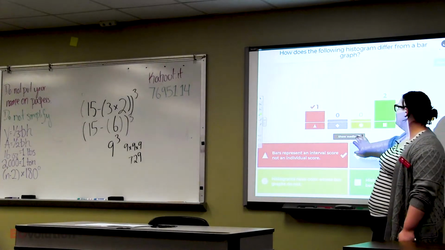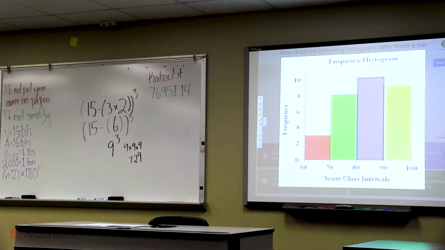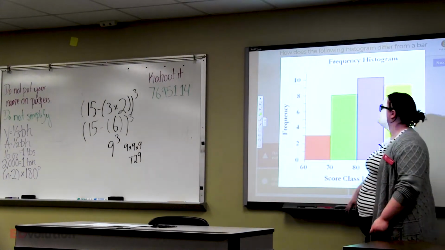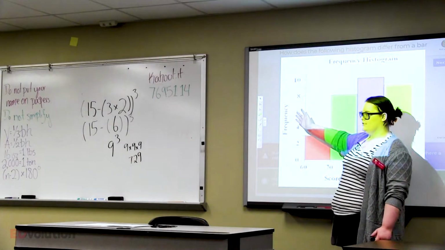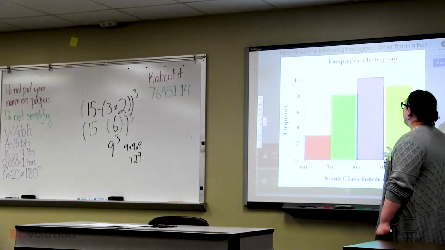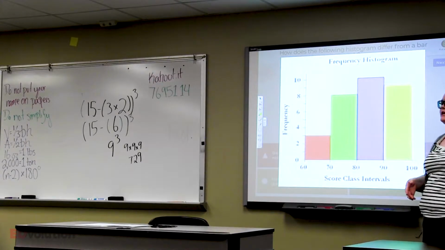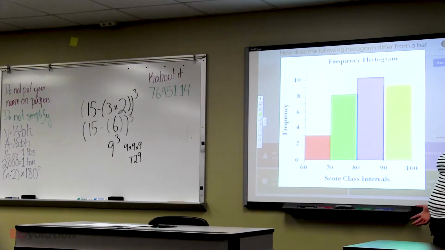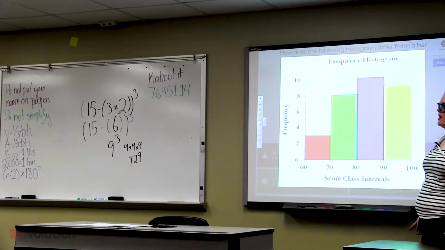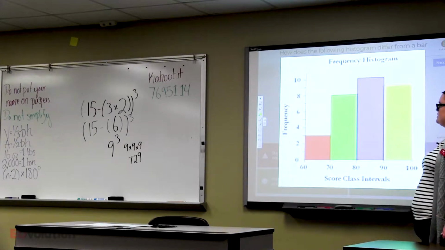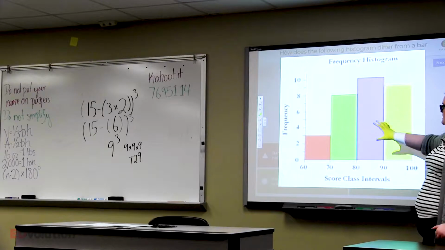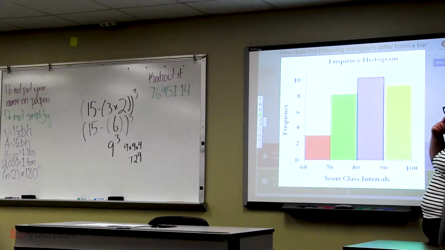Alright, so while it is true that this has the word frequency on the side, not every histogram says frequency. It could have a different label on the side. Also, both histograms and bar graphs can be turned any direction you want to, whether you want them going sideways or up and down, such as this one, and you can use color in either one.